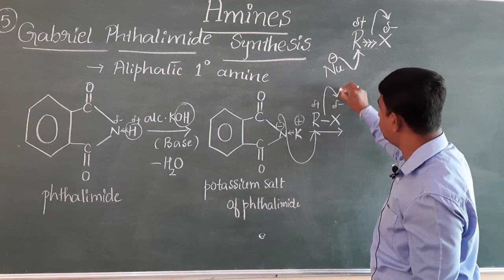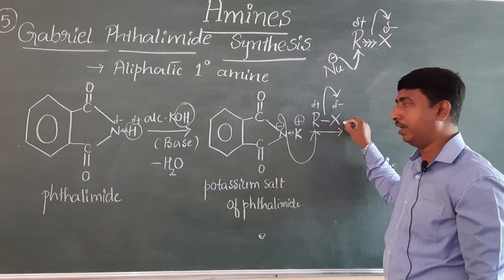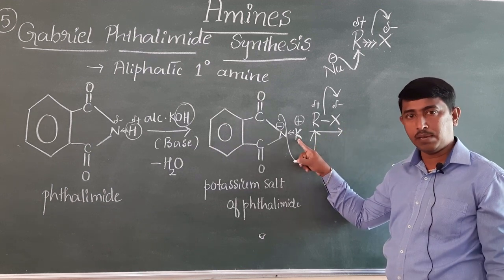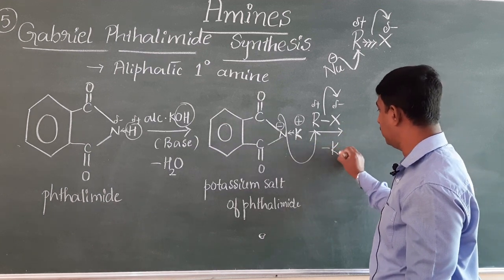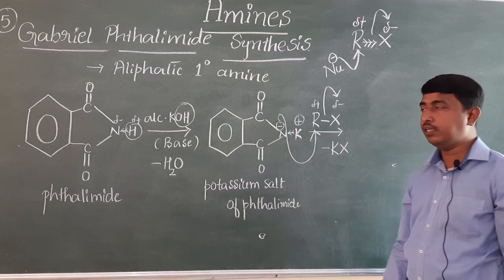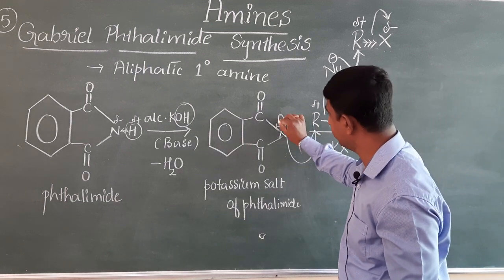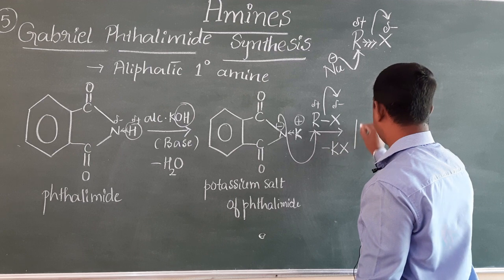The halogen is displaced, and this X minus combines with K plus, forming KX. Okay, I can write the product here.